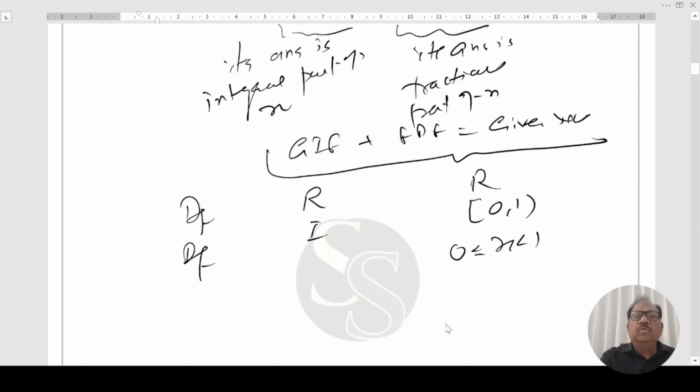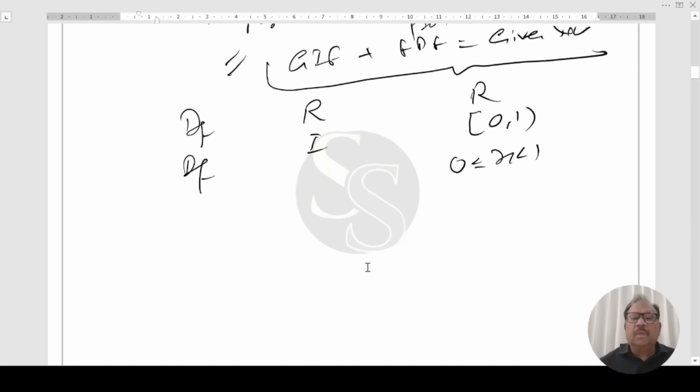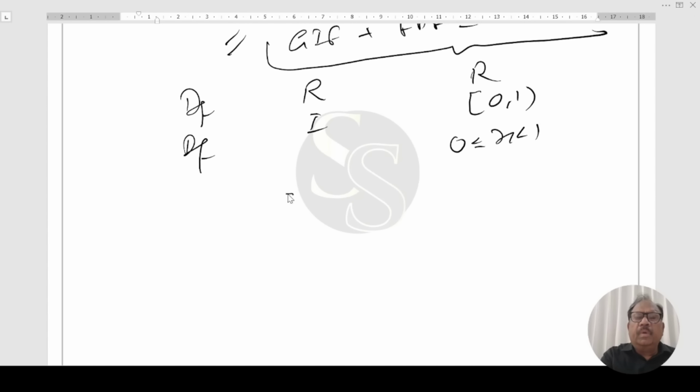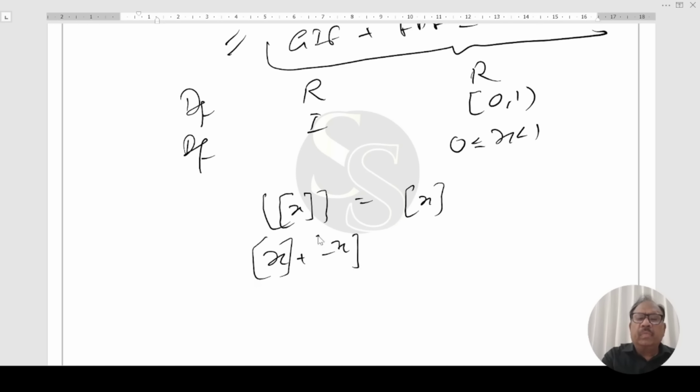This concept will be used in the questions discussed here. And a property: floor of x plus floor of minus x. There are two possible answers, 0 or minus 1.